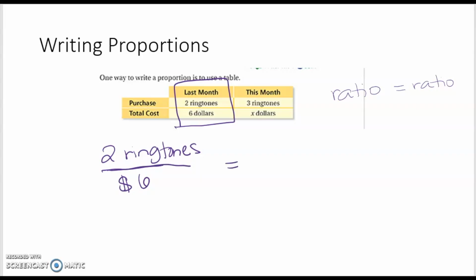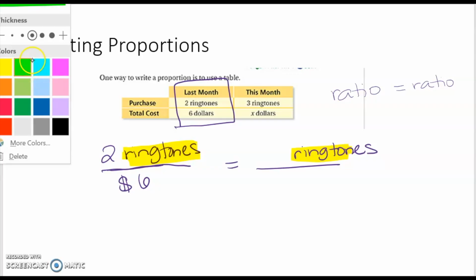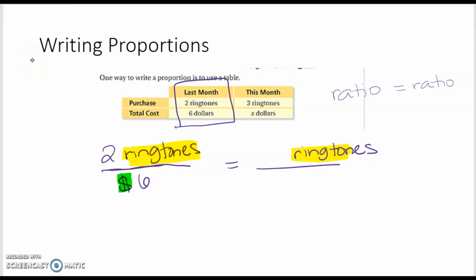Now, when we're setting up a ratio, it is absolutely critical that our units match. So because we put ringtones in the numerator on our first ratio, on our second ratio, the numerator has to also be talking about ringtones. Those units have to match up. And then because we put dollars in the denominator on our first ratio, same thing with our second ratio.